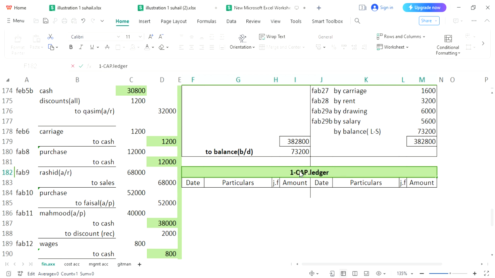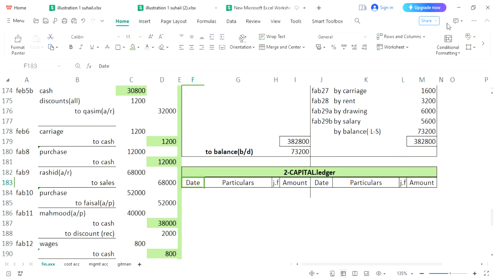As you know, we have decided to make ledger for capital. We will change its number as well. It's second ledger, where you can see all headings are similar, which we have used to make cash ledger. Headings are same. There is debit side and credit side, means sides are same. We will follow capital only now.